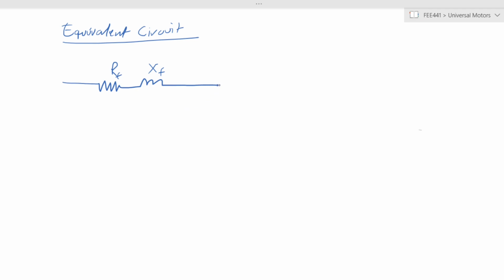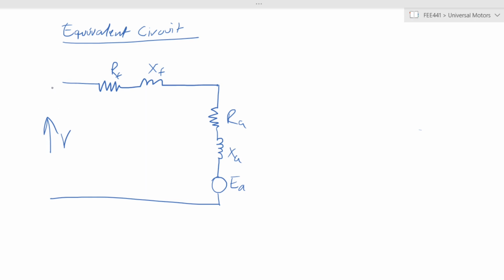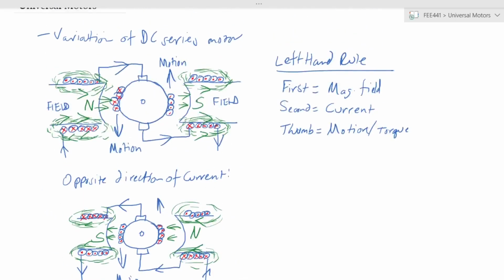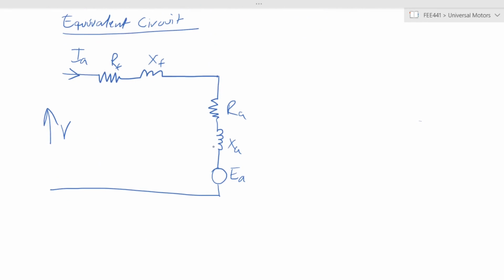On the armature side, we have a resistance, a reactance, and an equivalent voltage. And this is all supplied from our single phase AC voltage, and you have one current flowing through the entire machine as we had seen before. It is a common circuit all the way through from start to finish. So it can be represented as we are seeing there.